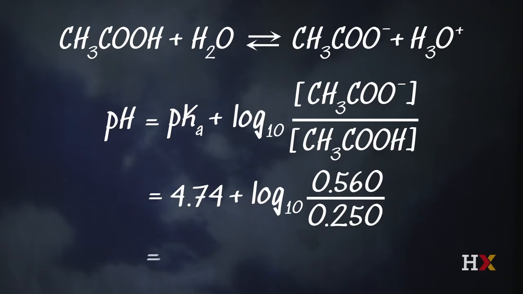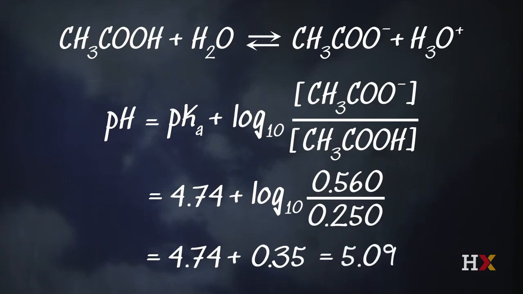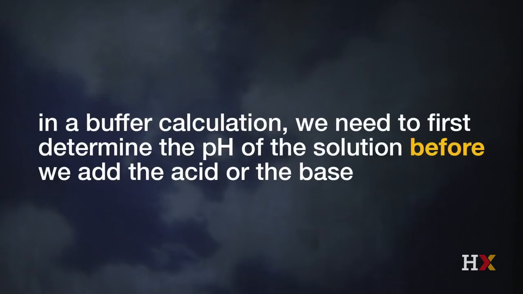And so when we execute that calculation, that gives us 4.74 for the pKa plus 0.35 for the log of the ratio of the concentrations, and that gives us an initial pH for this solution of 5.09. So that's important. The first thing we have to do in a buffer calculation is to determine what the pH of the solution is before we add either the acid or the base.